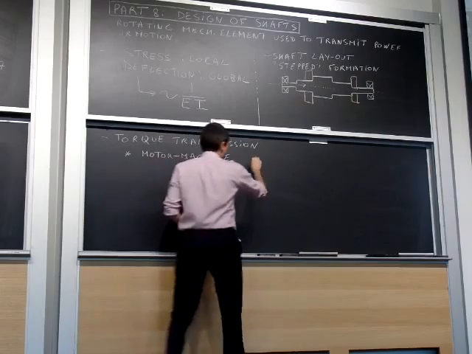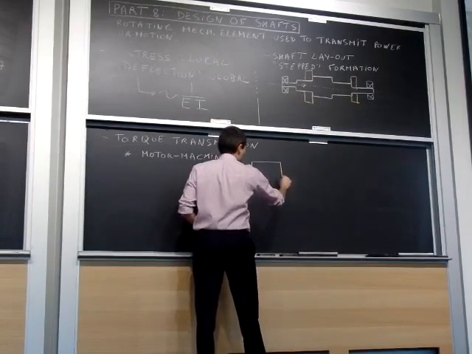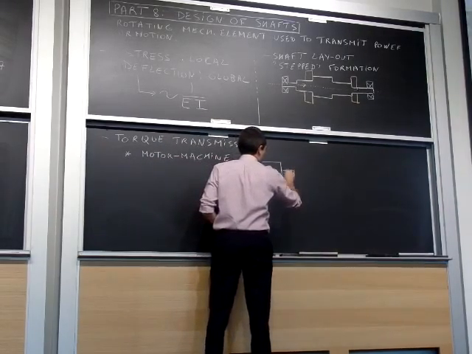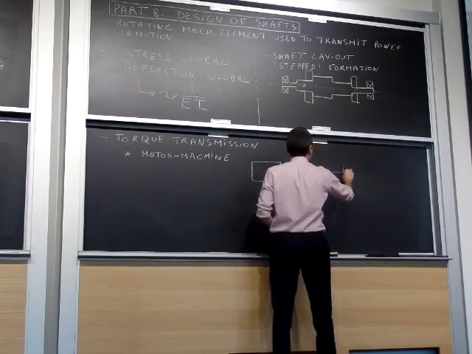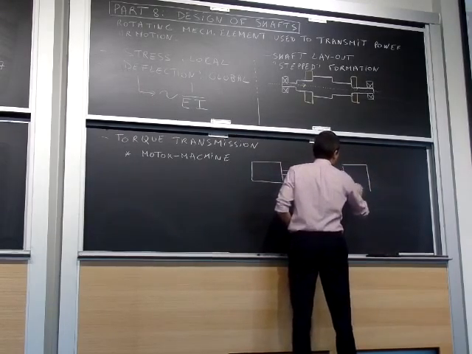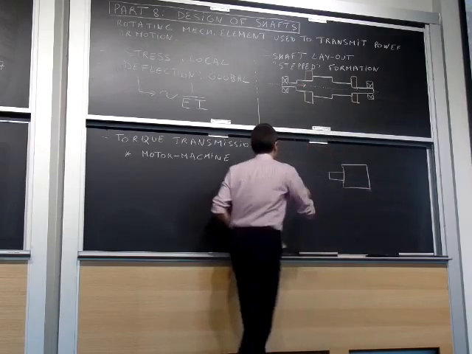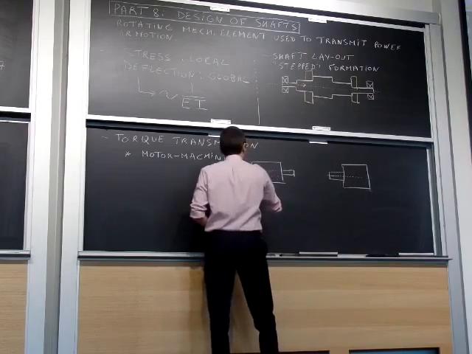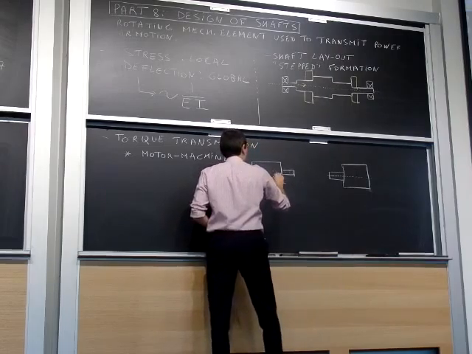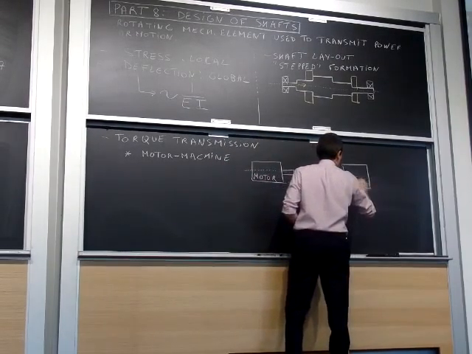What's the difference between a motor and a machine? Well, if this is a motor, and this is a machine that is being driven by a shaft driven by that motor. This is motor. This is machine.